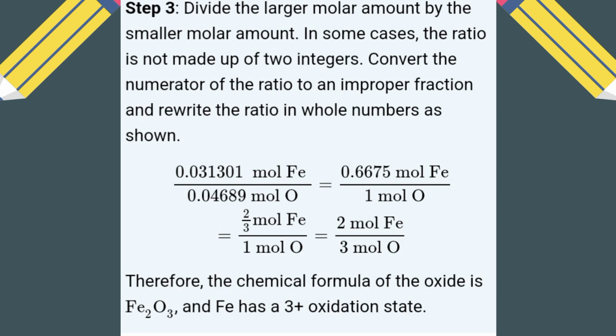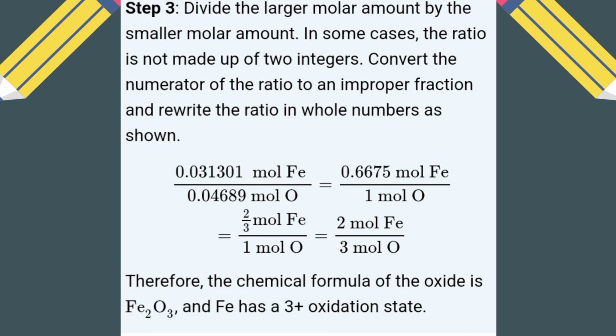The 1 mole of oxygen is because we divide 0.04689 by itself, and 0.031301 is divided by 0.04689. Since our answer is not a whole number, we have to convert it into a fraction. So we look for the greatest common factor, which gives 2 over 3 mole of iron over 1 mole of oxygen.